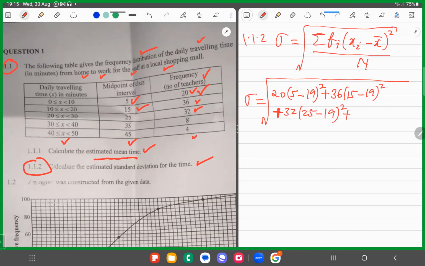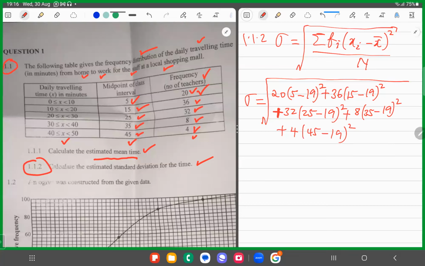Next, you have this one, frequency. The frequency is 8, and then the midpoint. The midpoint is 35 minus 19, and then you square these. And then you have the frequency. It is 4 into the midpoint, 45, minus the average, x bar.